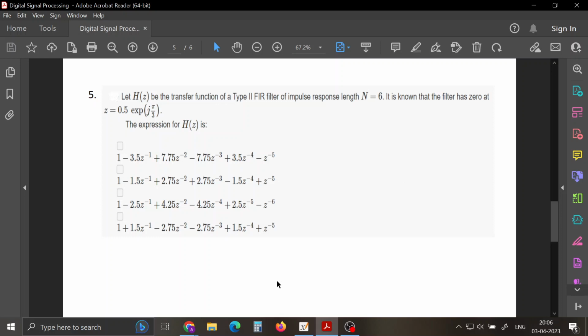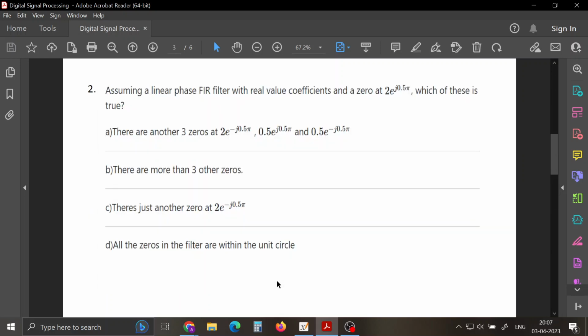It is known that the filter has a zero at z equals 0.5 e power j pi by 3. So one zero location is given, and we need to find the expression for capital H of z. We had discussed a similar example in question number 2, where you were given one zero and had to come up with the other 3 zero locations.